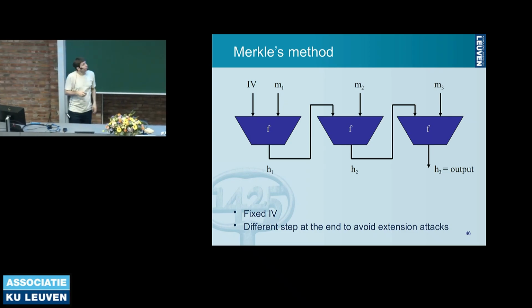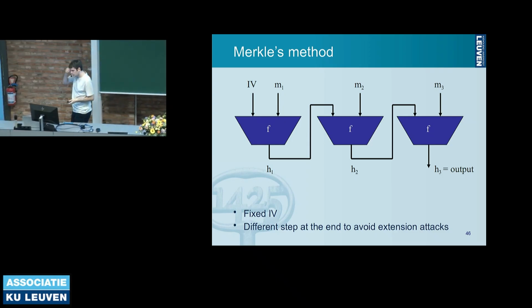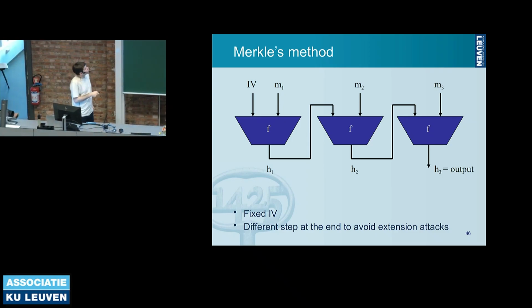You should usually use a slightly different function for the last block. Why is that? Well, if I know the output for some particular message, I can easily extend it into another message.